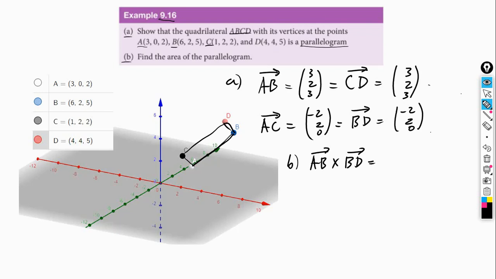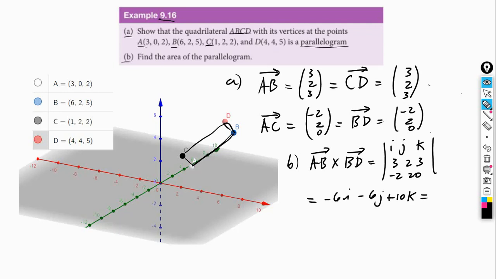So notice that this is going to equal the determinant. So i, j, k, and then 3, 2, 3 for vector AB, and -2, 2, 0 for vector BD. So this is going to give us -6i -6j plus 10k if you do the math.